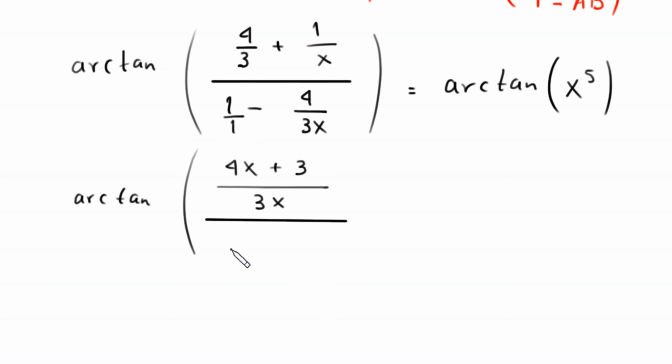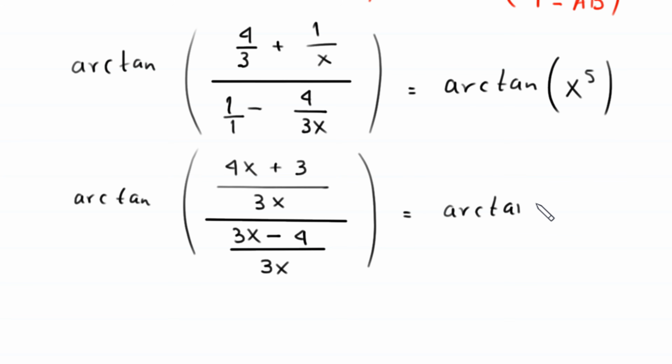LCM of 1 and 3x is 3 times x. So 3x divided by 1 is 3x, 3x times this one 3x, minus 3x divided by 3x is 1 times this 4, equal to, this remains same, arctan of x to the power 5.